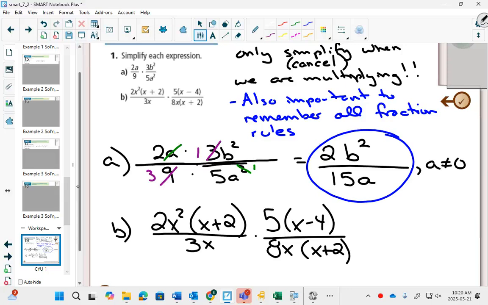Okay. So, in the same method as the last one, I'm going to tell you what you're probably going to do. I wanted to start with the numbers, but guaranteed when you see this, do you see any factors that are identical already? Do you see that the x plus 2 is on the top and there's an x plus 2 on the bottom?